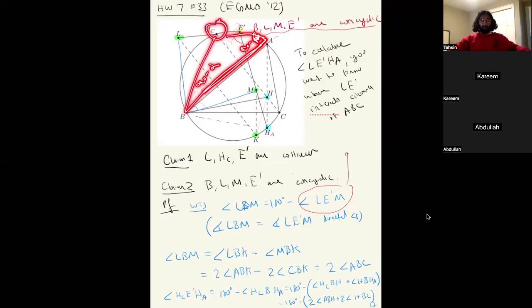Does it make sense what I'm saying? Even if you didn't know to draw HC, you could have figured it out by identifying what this intersection point had to be.